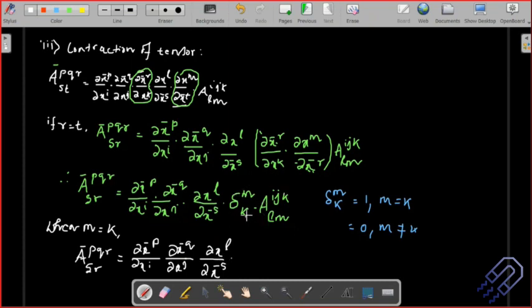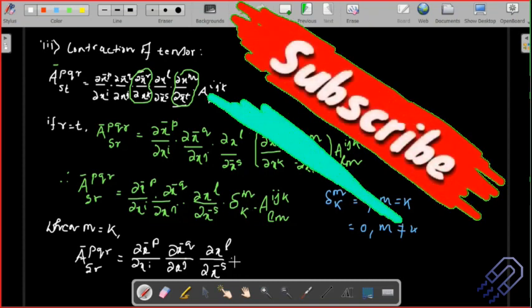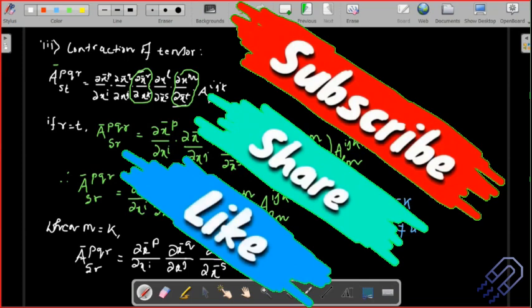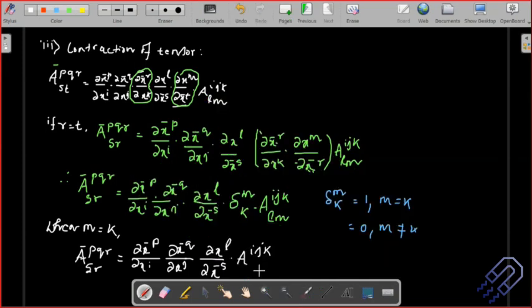Done. This is m is equal to k, so delta is equal to 1, so this is just 1, let me not write it down, and this one I can write as a i j k. Okay, and at the bottom it will again be l and k.